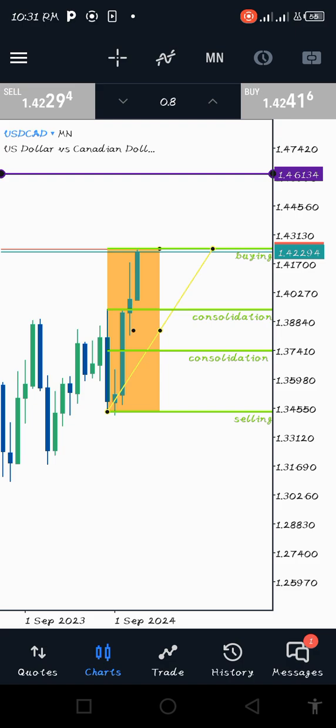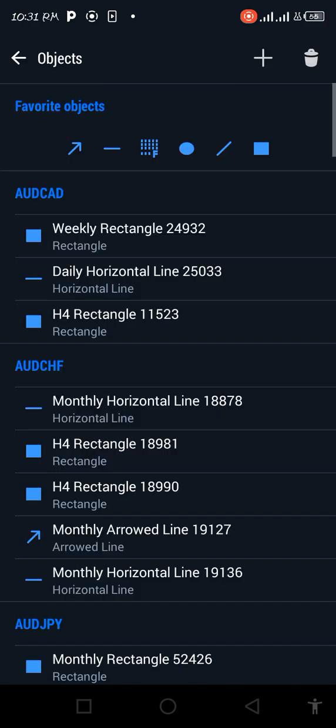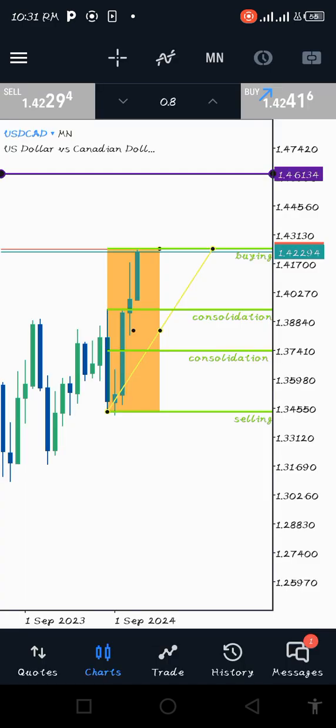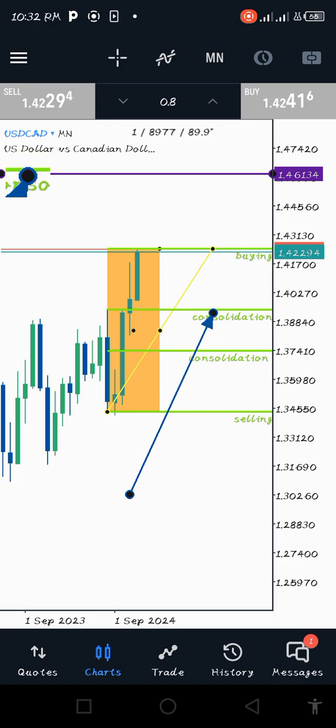So if price was in between these two lines where you can see selling and consolidation, then we could consider taking selling opportunities. And if price was in between consolidation line and consolidation line, then we could be avoiding that pair and move to the next pair because of a higher level of uncertainty.